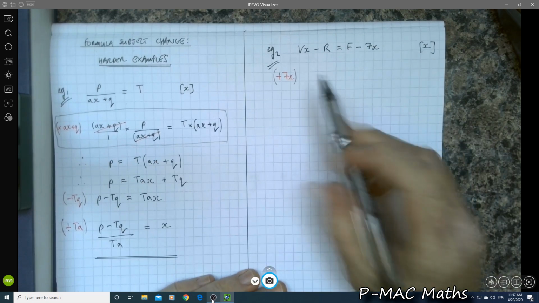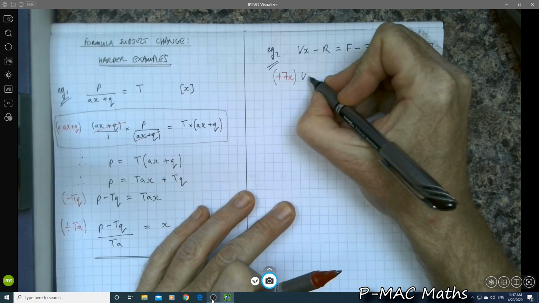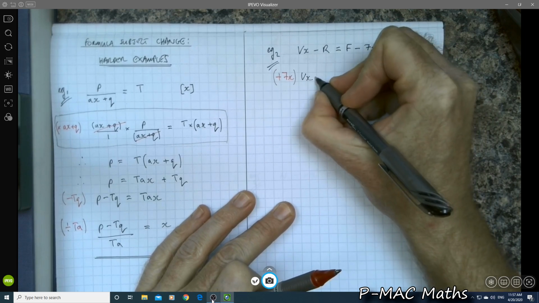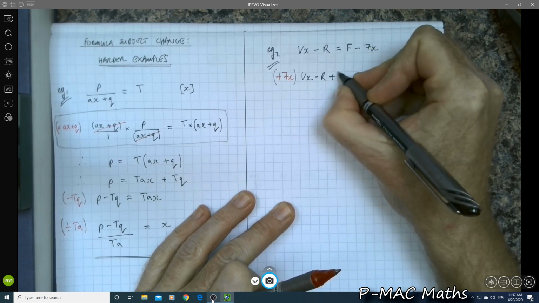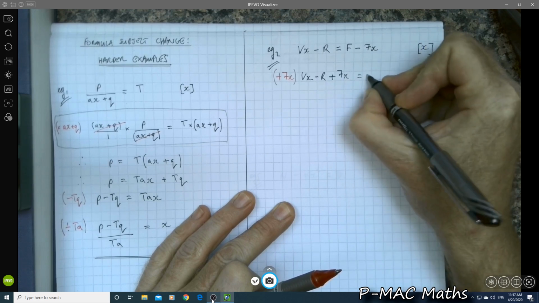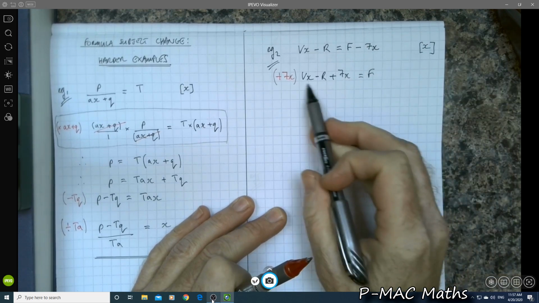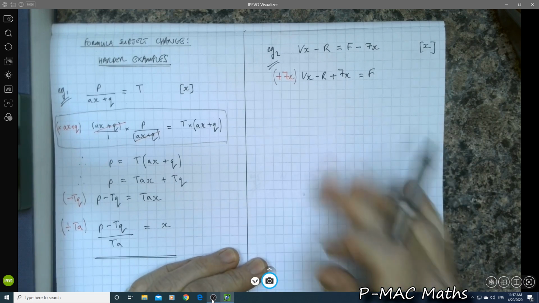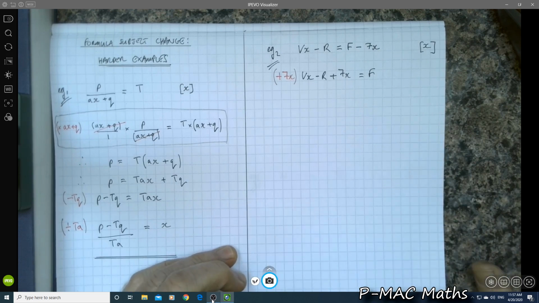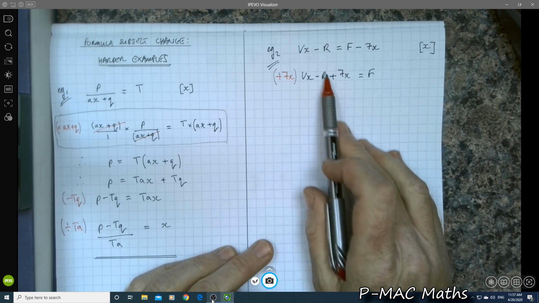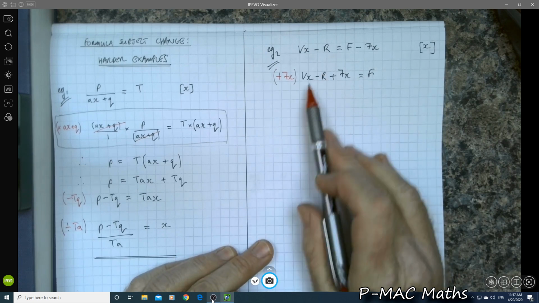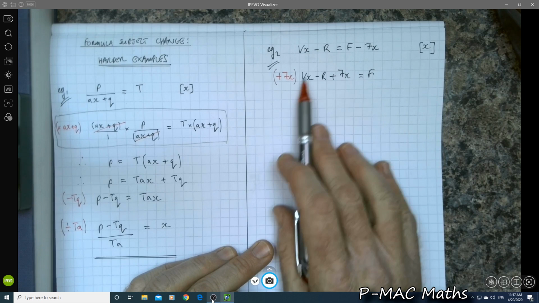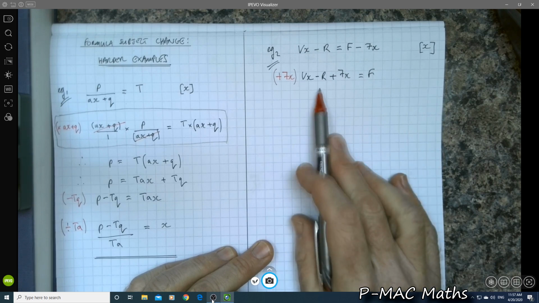And that way on the left hand side I'll have vx minus r plus 7x equals f. All my terms on the left hand side that have x's in them are actually all positive, which is a bonus, should we say. And then the next step is to address this minus r, which is on my left hand side, and I'm collecting my x's on the left hand side and I don't want that r there.